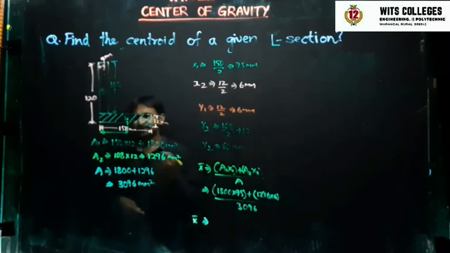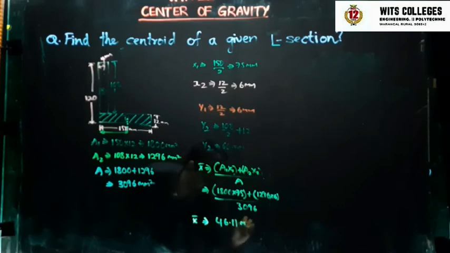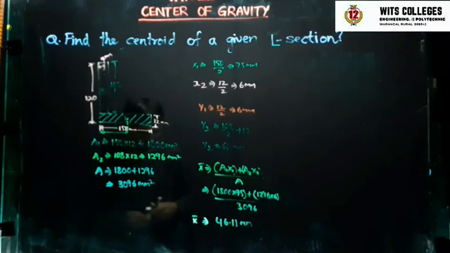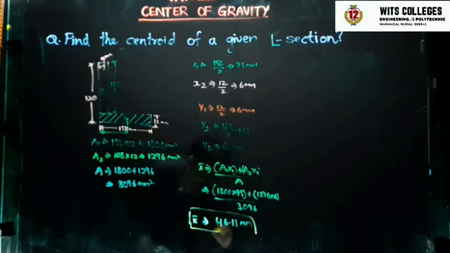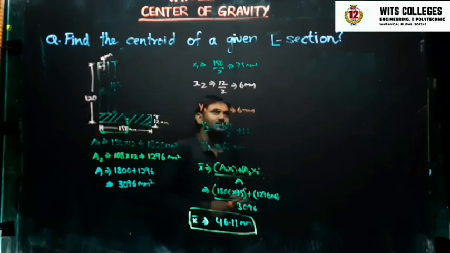So how much will you get for x bar? You can type it in your calculator. You will get 46.11 mm. So I got the value of x bar.